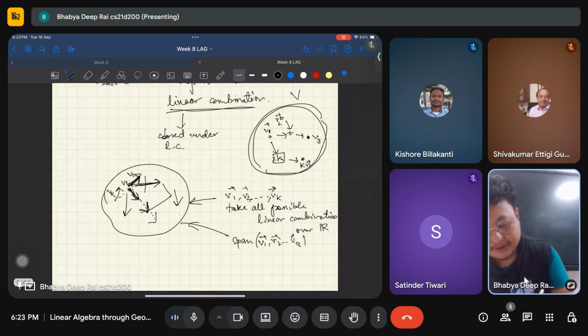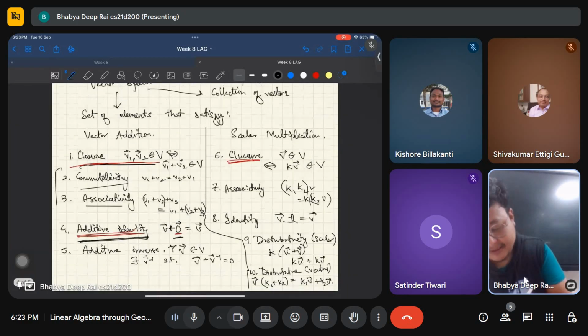So additionally, if it is possible to generate a zero vector using v1, v2 till vk, or one of v1, v2, vk is a zero vector, then this will definitely form a vector space, because all the other rules are trivially satisfied: associativity, commutativity, and so on under addition and multiplication.